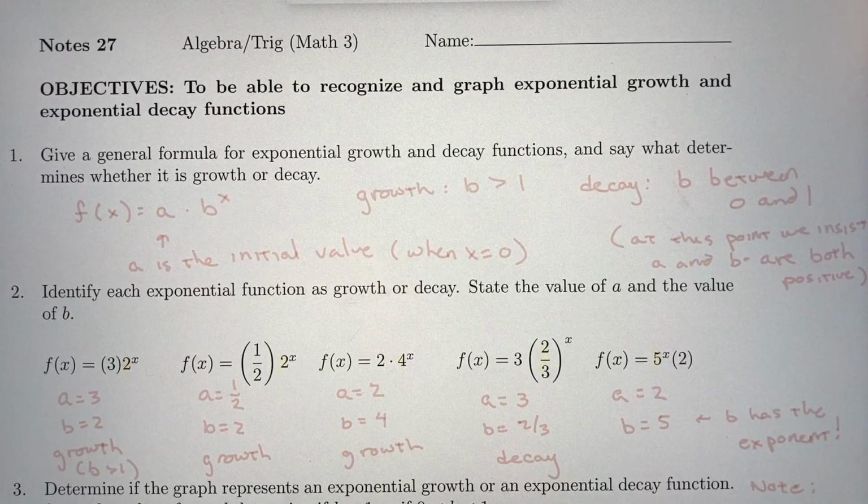All right, eventually we're going to have other exponential functions, but for right now, we're going to limit ourselves to a times b to the x, where a is a positive number.